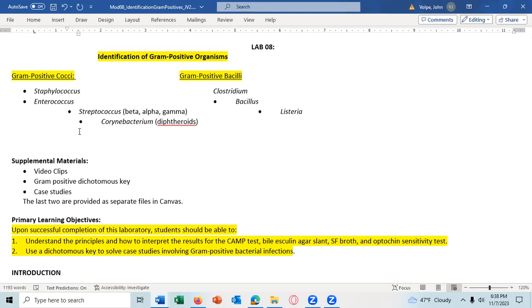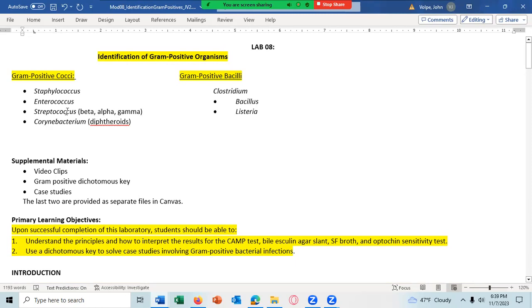Shoot. Let's go back. There, I got it. All right, sort of. That's missing a dot, but other than that, that's a little better.